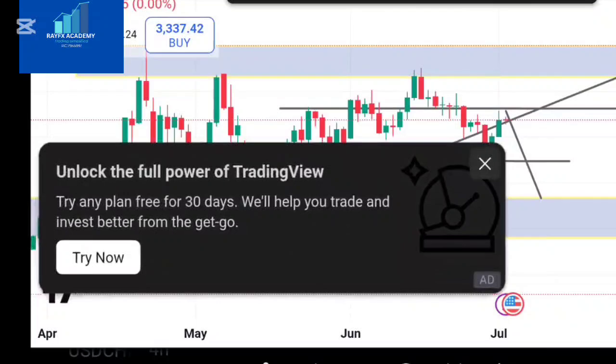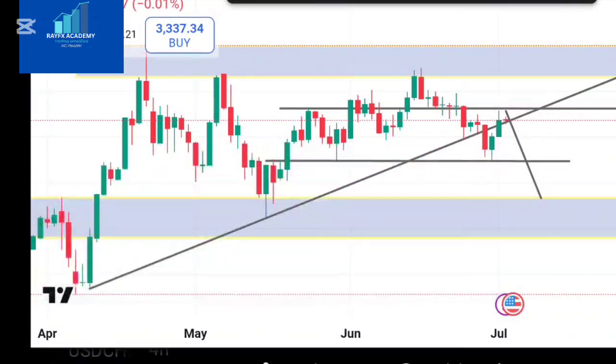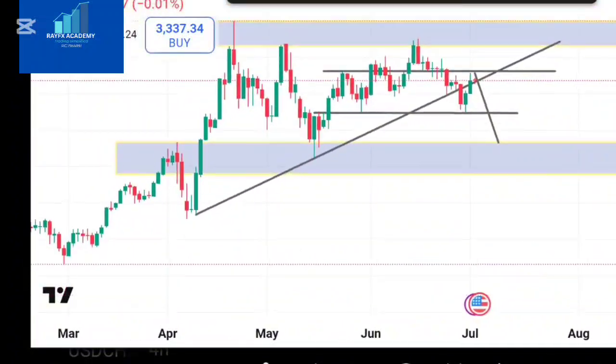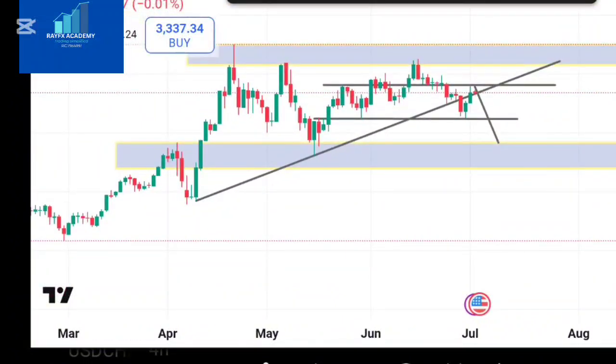As a price action trader, we take action based on the previous moves of the market. What the market is doing around here is beginning to look like a head and shoulders pattern. You understand?